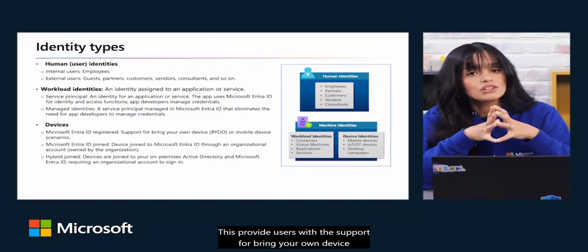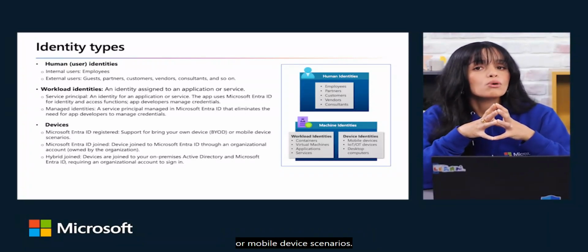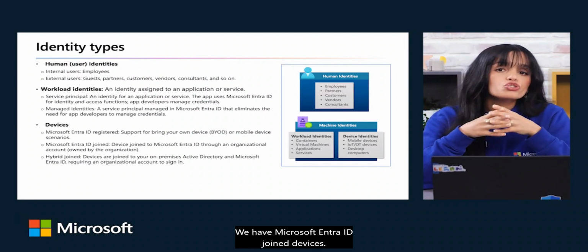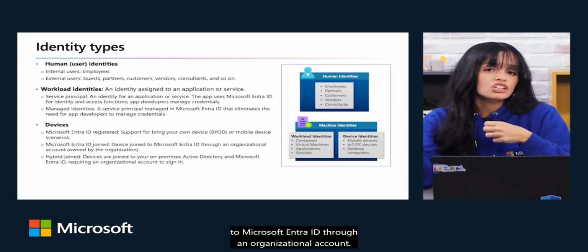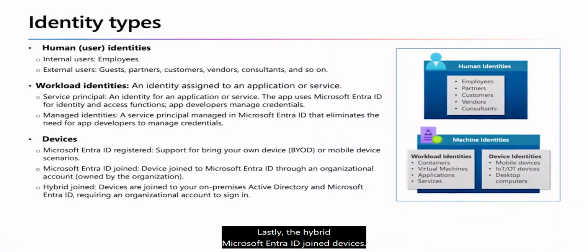This provides users with support for bring your own device or mobile device scenarios. We have Microsoft Entra ID joined devices. This represents a device joined to Microsoft Entra ID through an organizational account. And lastly, the hybrid Microsoft Entra ID joined devices. These devices are joined to your on-prem Active Directory and Microsoft Entra ID, requiring an organizational account to sign into the device.